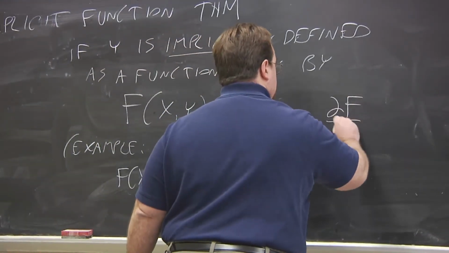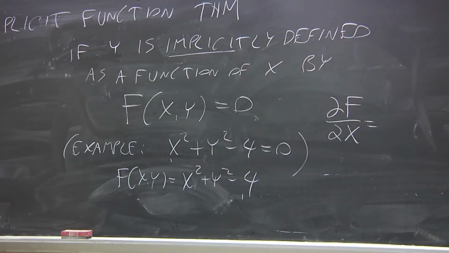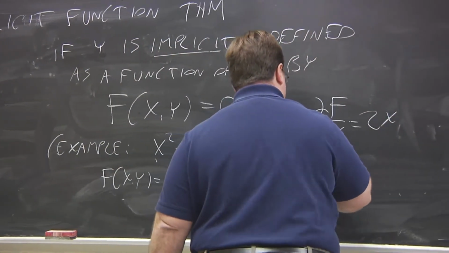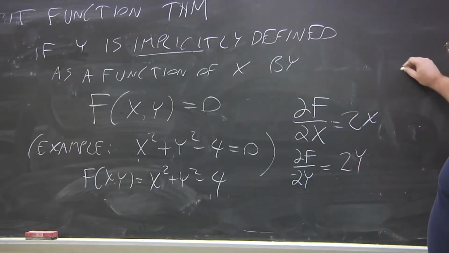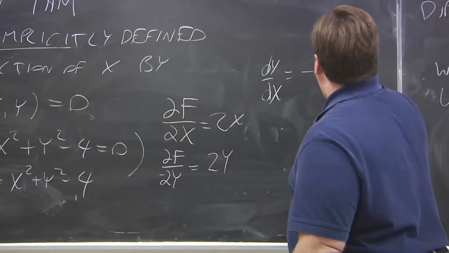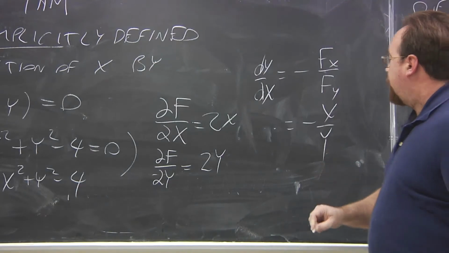So df/dx is what? It's 2x. And df/dy is what? 2y. Alright, so then dy/dx is going to be minus fx over fy, so it's just going to be minus x over y.